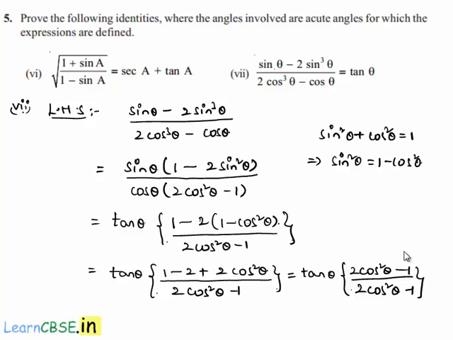Here in the numerator and denominator we have 2 cos square theta minus 1 as common, which will be cancelled, and finally we are left with tan theta, which is our right hand side.